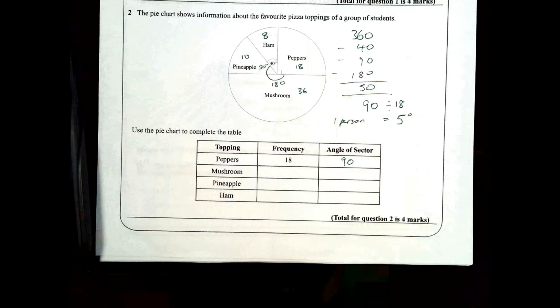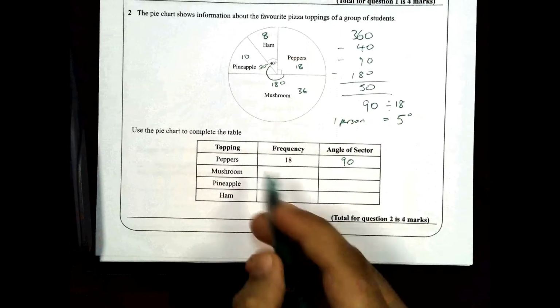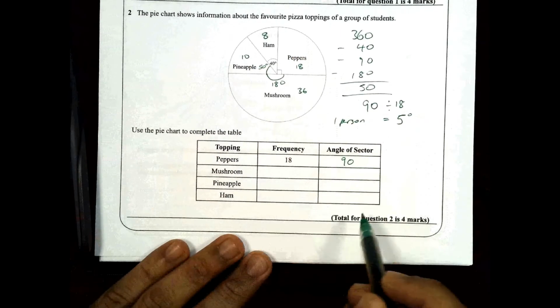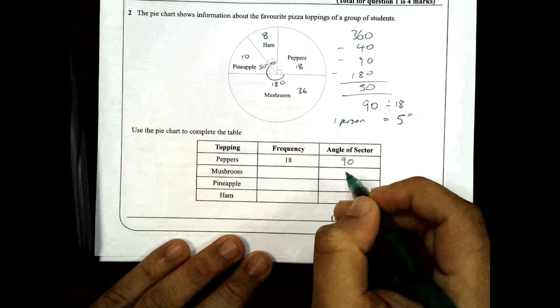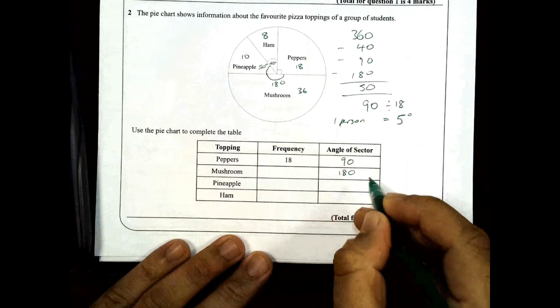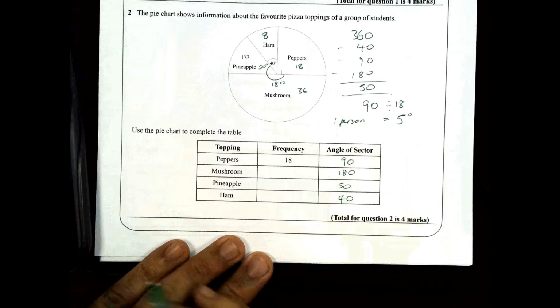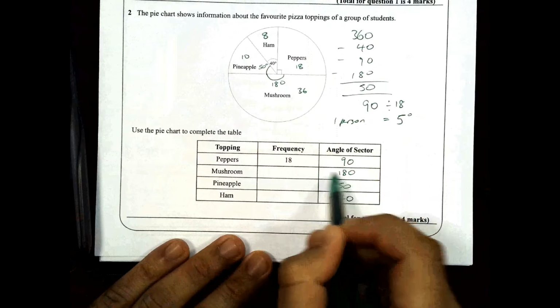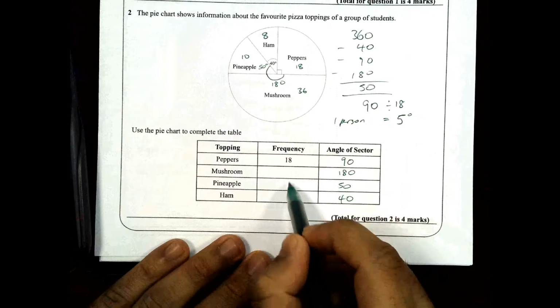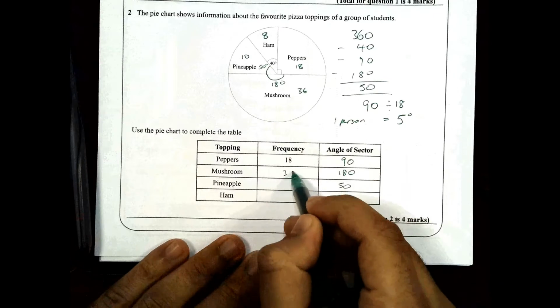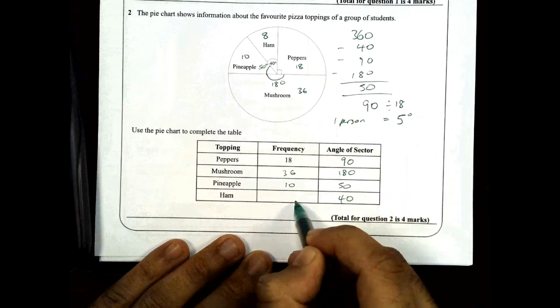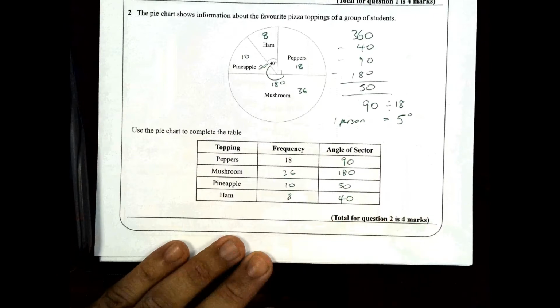So that's 10 people. And I've now worked out everything that I need for my table. So mushroom was 180 degrees, pineapple 50 degrees, ham 40 degrees given in the question, and then effectively you're dividing each of them by 5 to work out how many people that represents. So 36, 10, 8 people. So that's that.